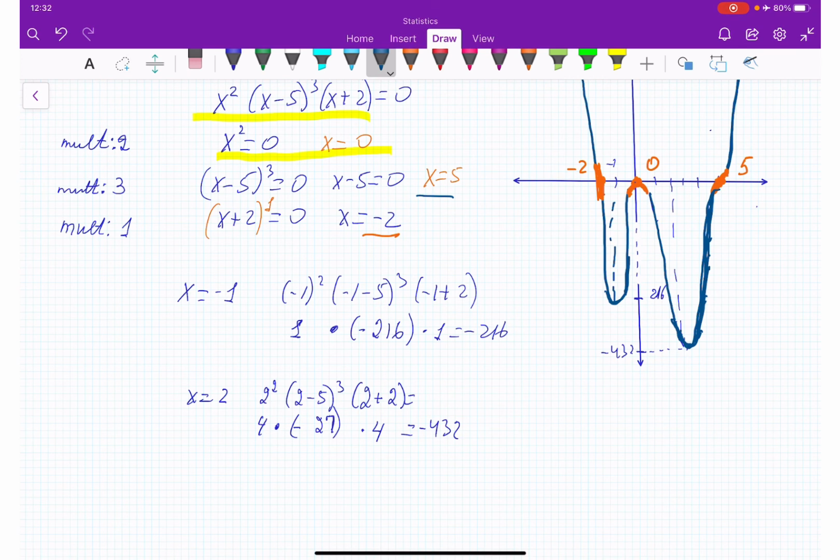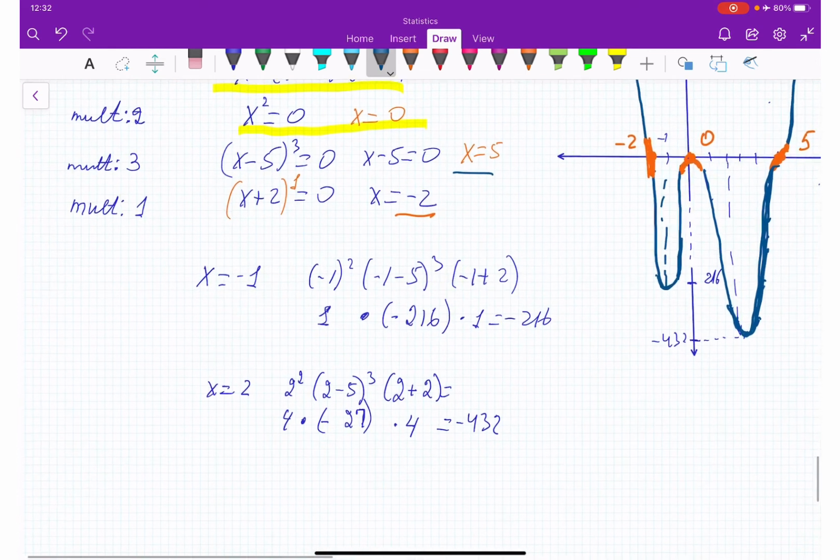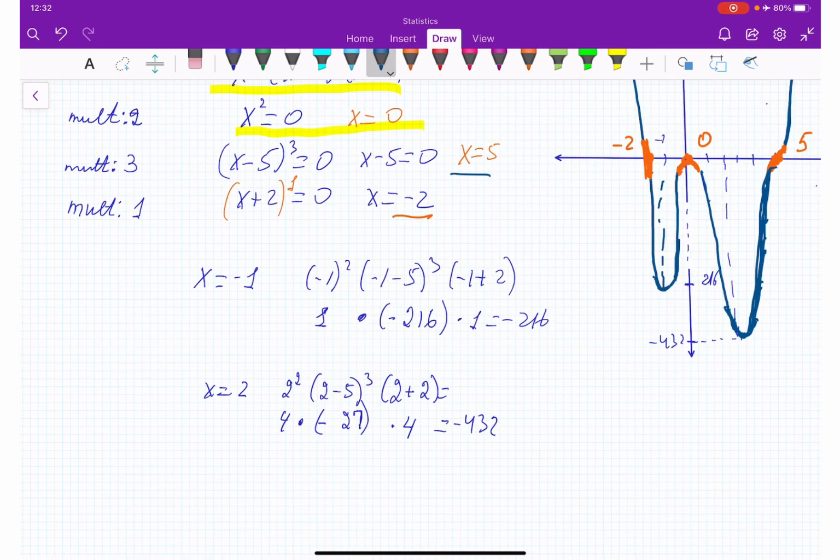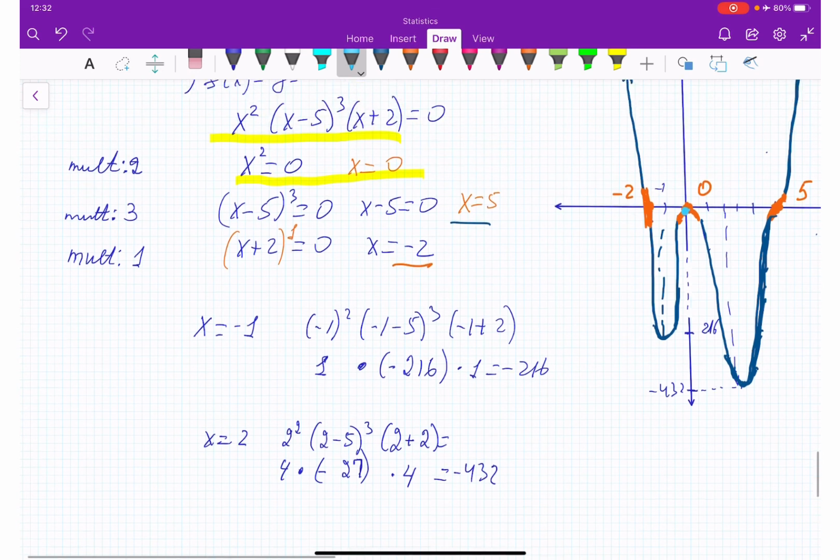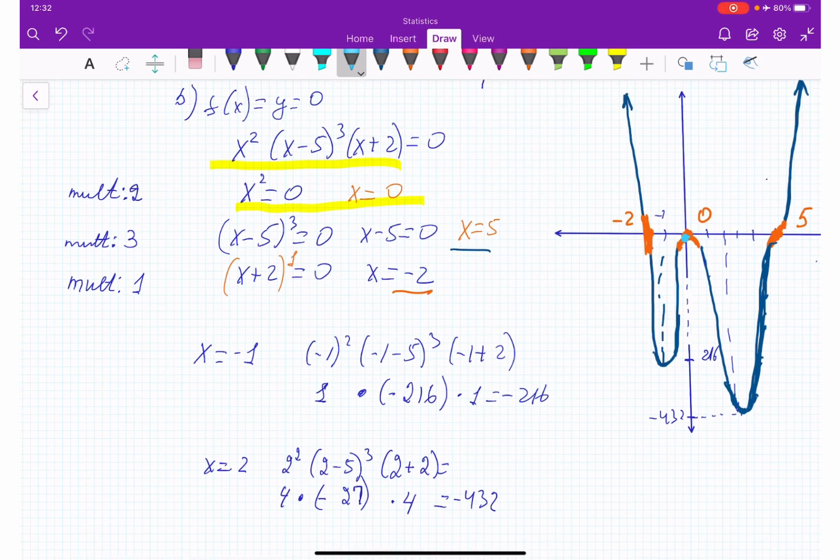Okay. So to check regarding the y-intercept, it makes no sense because we know it's going to be 0, because that's the only point. It doesn't cross y anywhere. And indeed, if you look here, we have x, x, x everywhere.